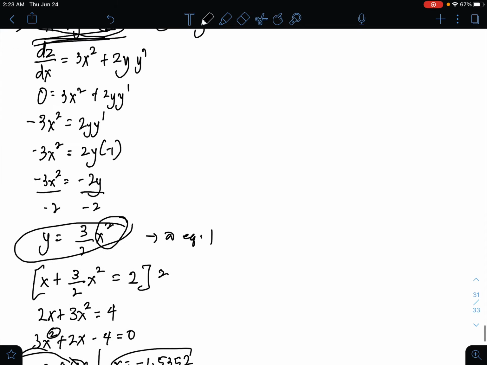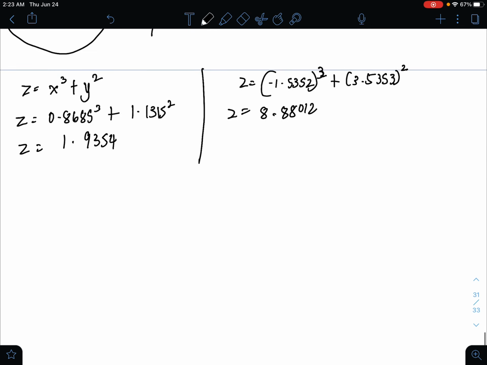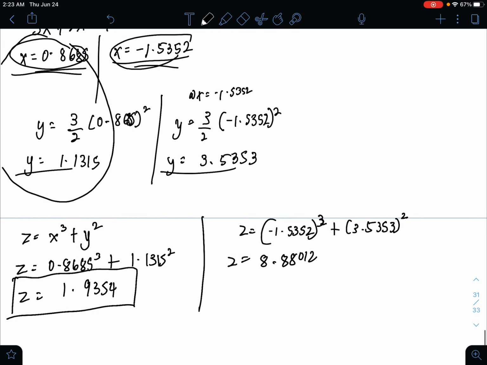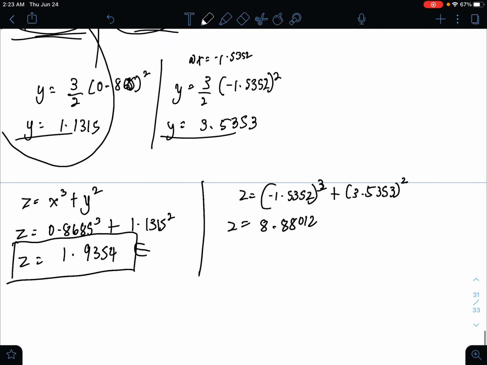The question is the smallest value possible. So the smallest value possible, therefore, this will be our final answer: the smallest possible number we can get for the cube of one number and the square of the other number.